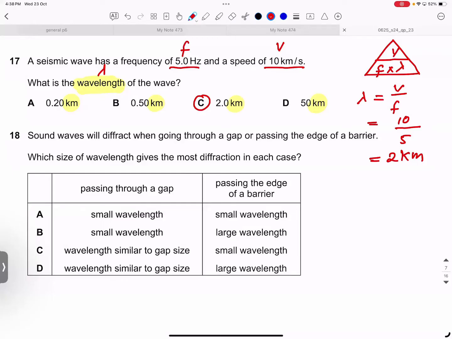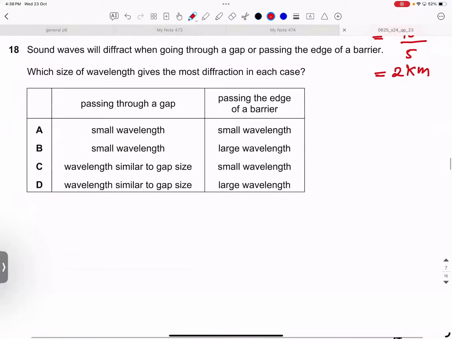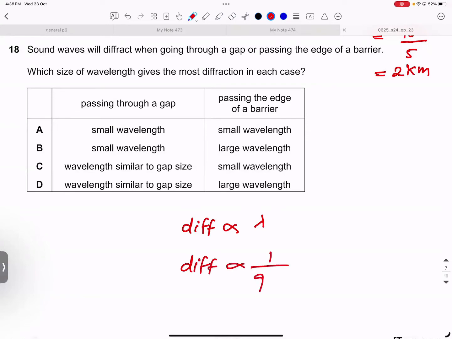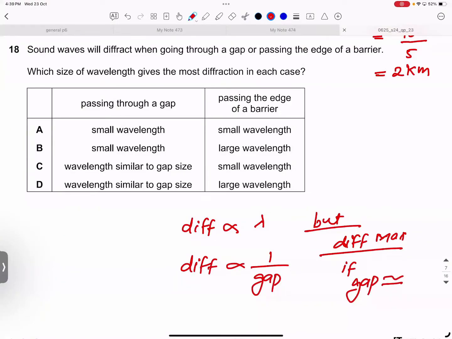Question number 18. Sound waves will diffract through a gap or pass the edge of a barrier. Which size of wavelength gives the most diffraction? First of all, before you choose this answer, diffraction is proportional to wavelength. Number two, diffraction is inversely proportional to gap size, but diffraction will be maximum if gap size is similar to wavelength.